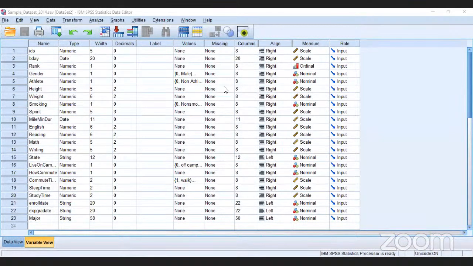Will it be positive, negative, or no relationship at all? Oh, okay. I think it's going to be.